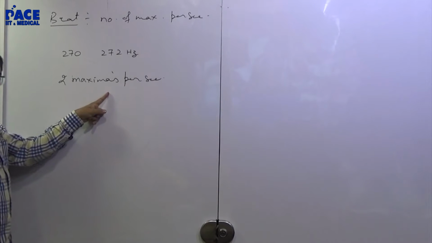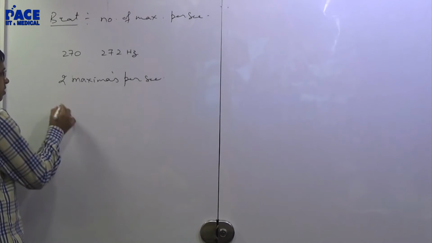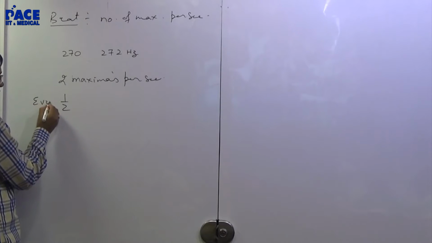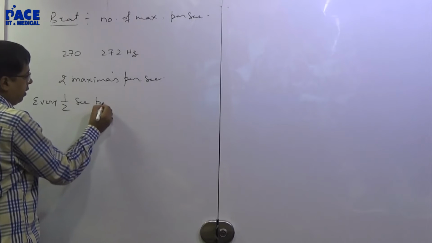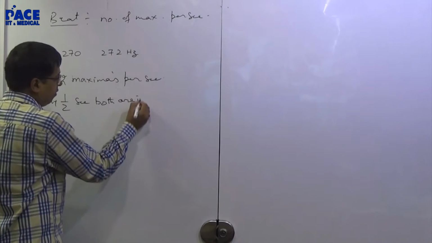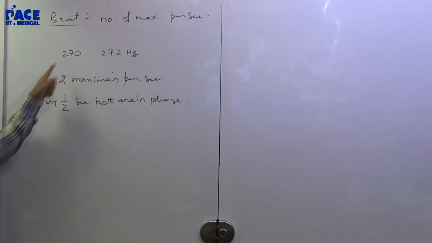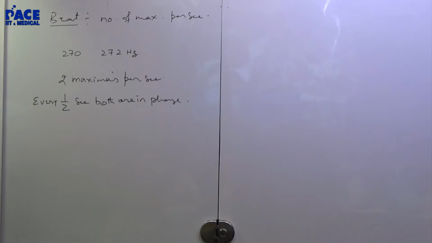That means after every half a second they both are in phase. After every half second, 270 and 272 are in phase.